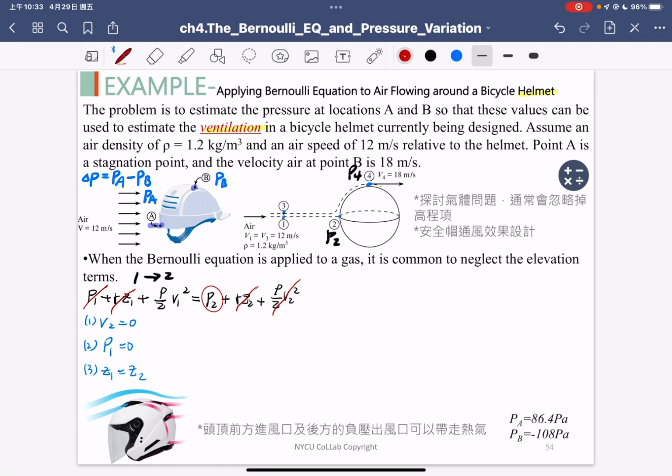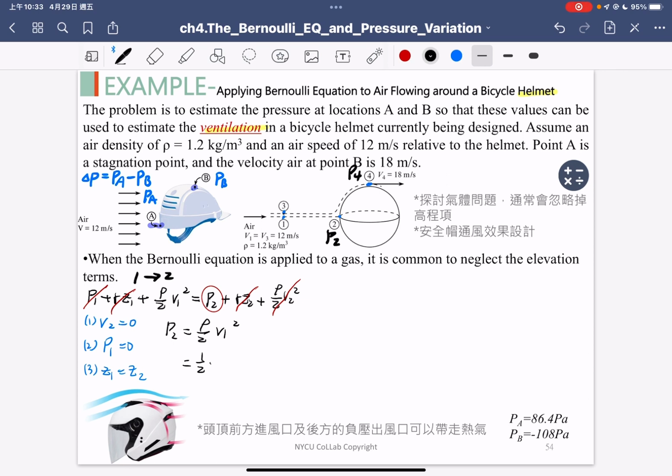So we know the pressure 2 is equal to 1/2 rho V1 squared. Okay? So we can compute how large the pressure at location 2. The density here is air, right?